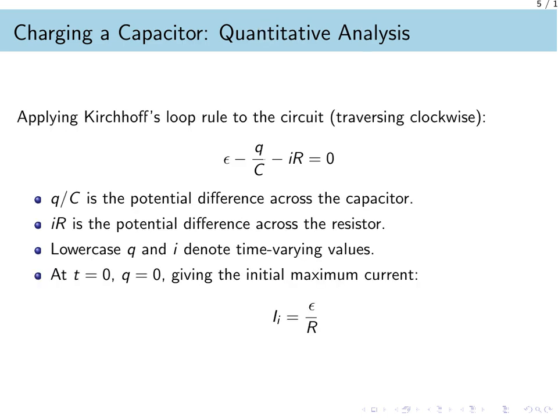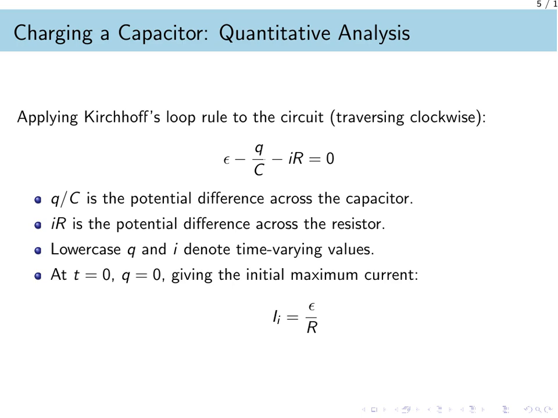We can analyze this quantitatively by applying Kirchhoff's loop rule. Traversing the circuit clockwise, the sum of the potential differences must be 0, giving us the equation epsilon minus Q over C minus IR equals 0.